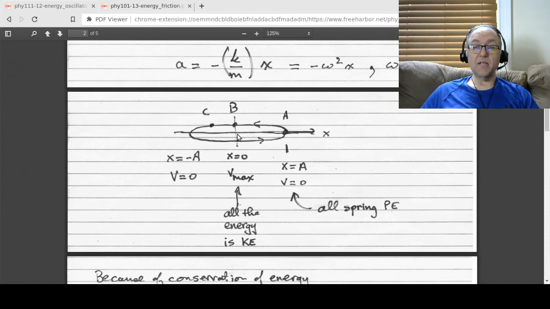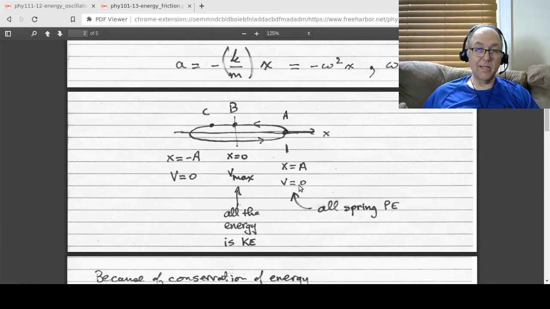The potential energy here is given by 1/2 kx squared, where k is the spring constant. You'll see the formula in a second. The bigger x is, the more potential energy there is. The potential energy is biggest at x equals A, because it's not going to go any further to the right. That's the biggest x you'll get. So at this point, you've got a lot of potential energy, and the velocity is 0.